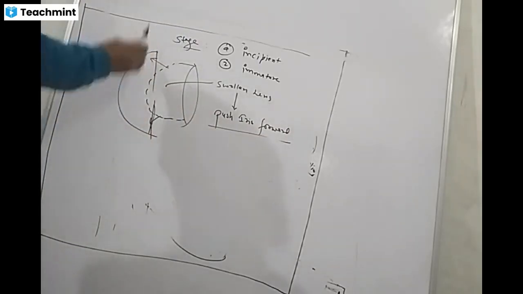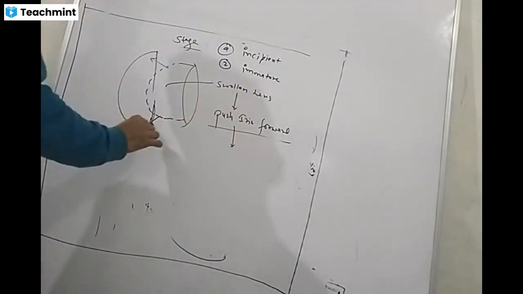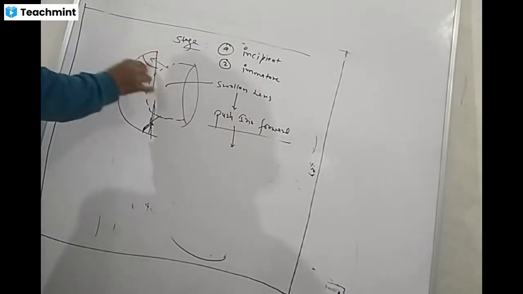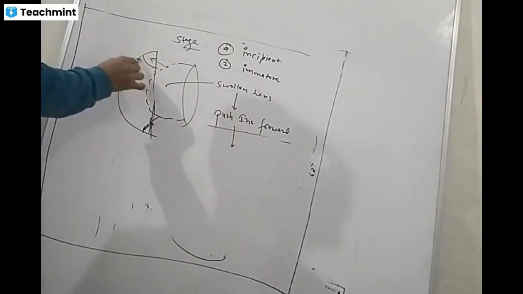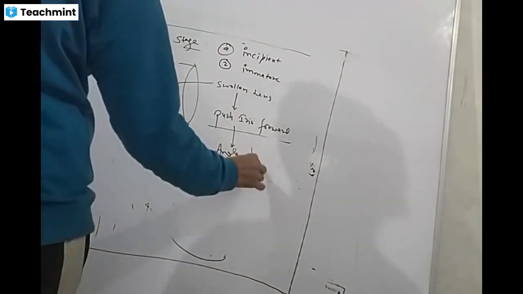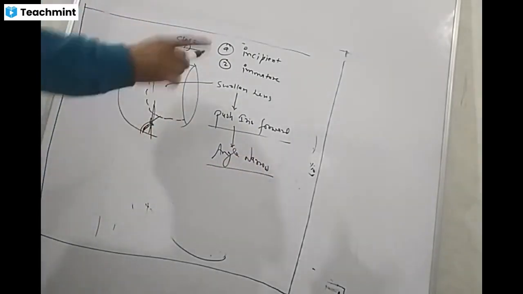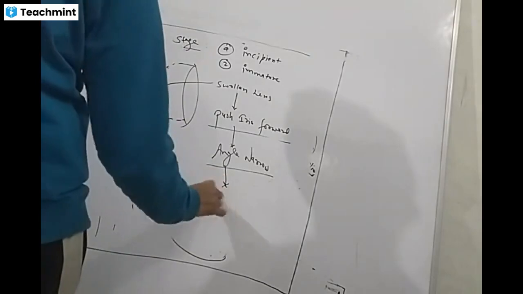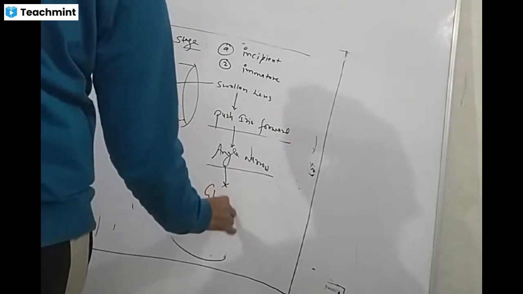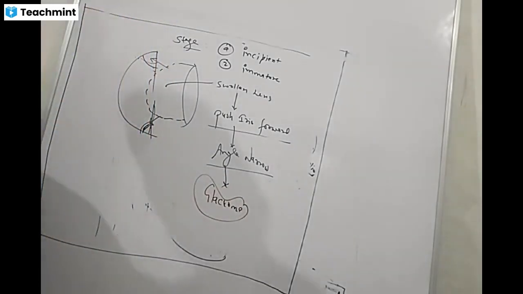If you push the iris forward, what will happen? This angle between the iris and cornea, known as the iridocorneal angle, becomes narrow. If the angle becomes narrow, drainage will not be there. That may precipitate glaucoma, an increase in intraocular pressure.